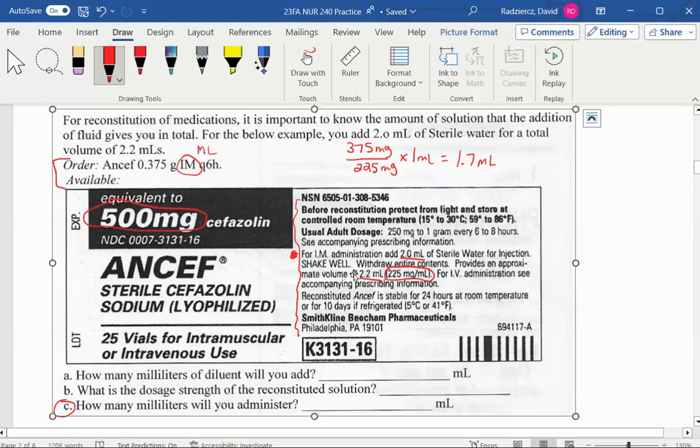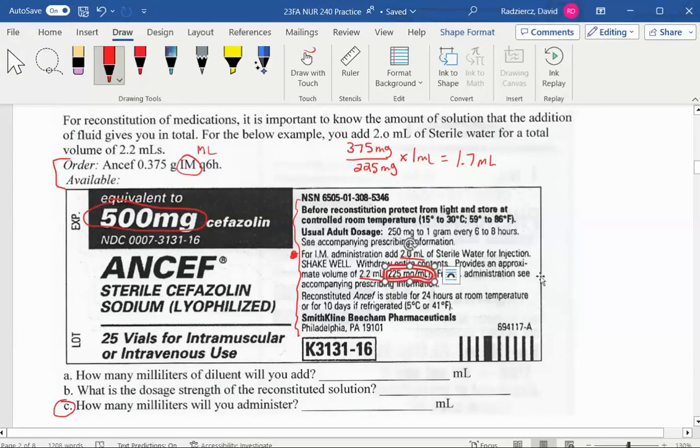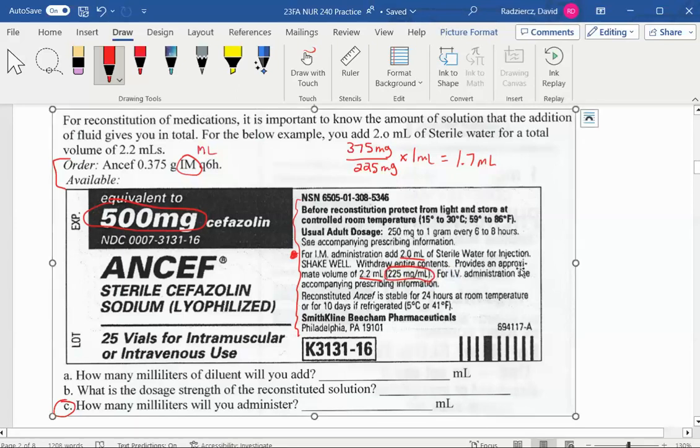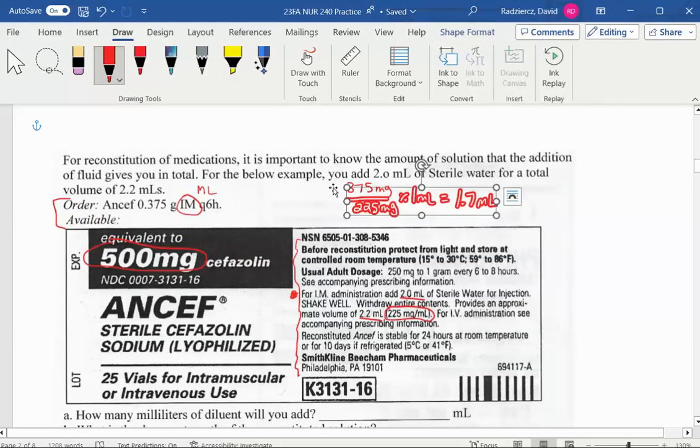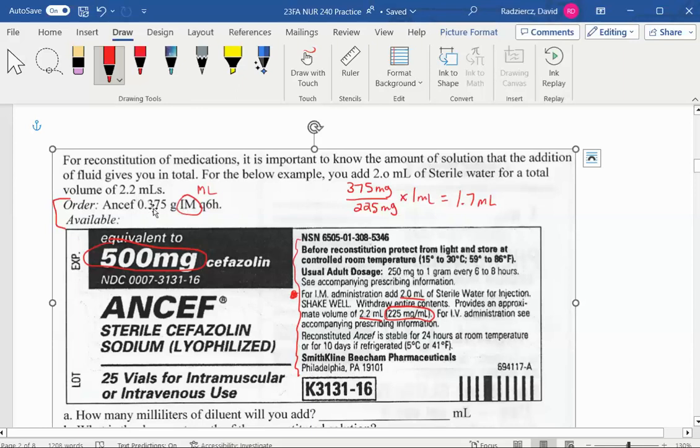That's an important number because it's your total volume, but what's most important is this right here, where it says 225 milligrams per milliliter. That's what you're looking for. Once you've identified that, that's what you use to solve your equation. Here I did ordered over have. I had 0.375 grams as my order. I converted 0.375 grams to 375 milligrams, divided by the 225 milligrams, times my quantity of 1 milliliter. And so I get a total of 1.7 milliliters.